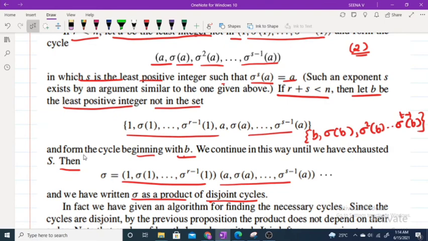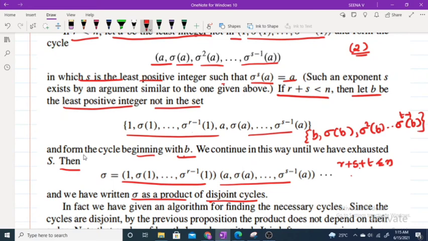Now consider the case r plus s plus t less than n. If this is equal to n, then we have exhausted all elements. Otherwise, choose the smallest number that is not in this set. Like this we proceed, and we can write σ as a product of disjoint cycles.